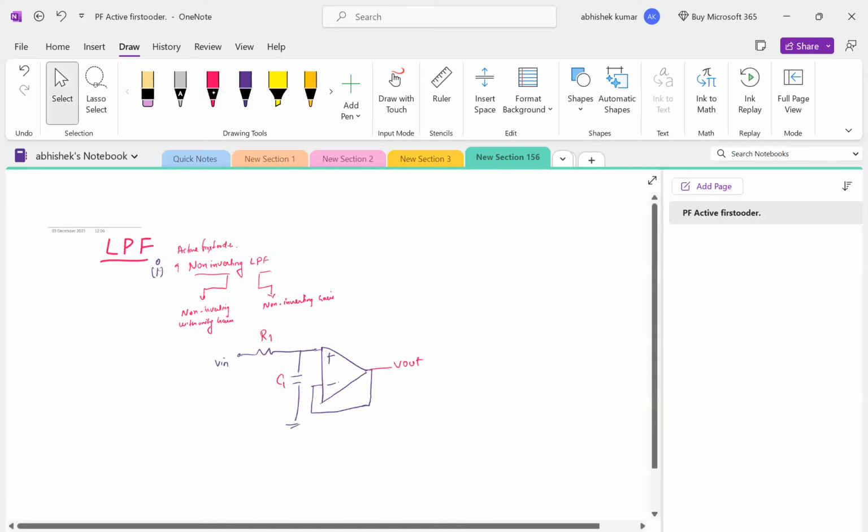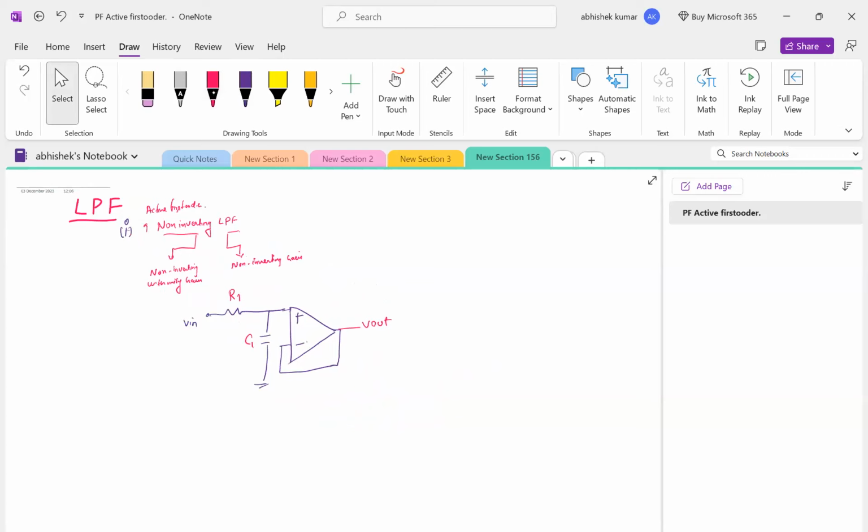So this is your non-inverting low pass filter. Do you want me to go into the working or just the theory? No, whatever theory is necessary, I mean, whatever minimal is required. If it's important, yeah, please go ahead. Yeah, I will just take 2 minutes for the theory.